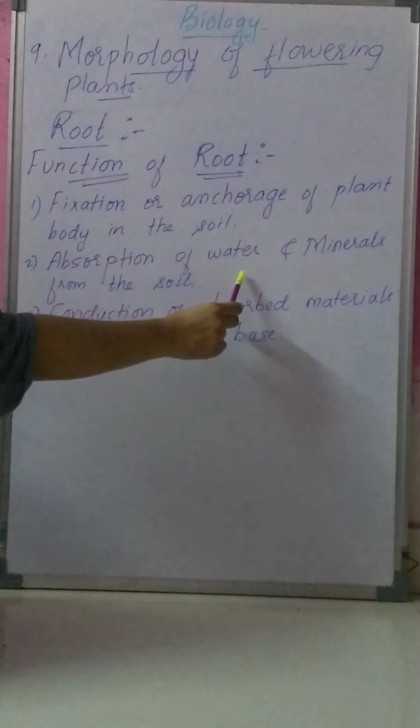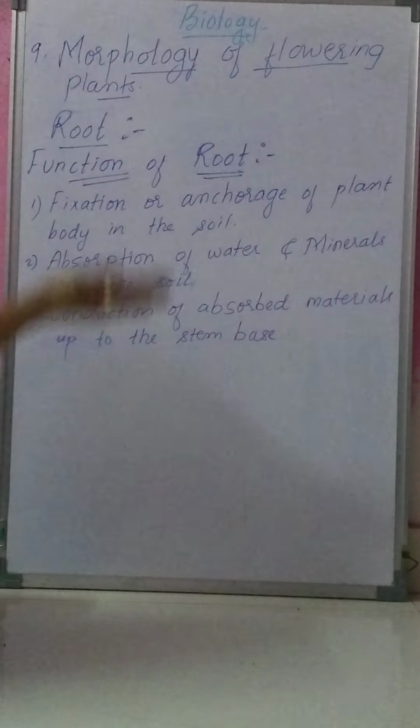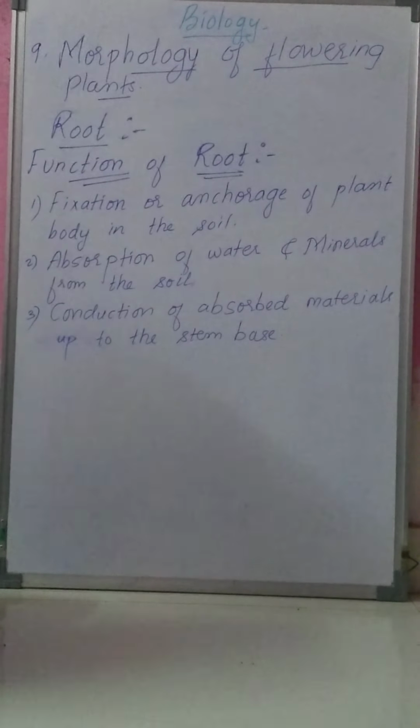It means that the uppermost region, the region of cell maturation, helps to pass the absorbed material, that is water and minerals, to the upper part of the plant, that is the base of the stem.